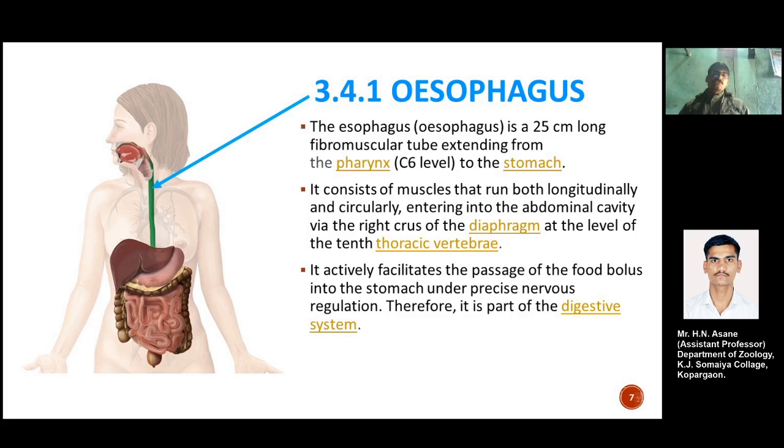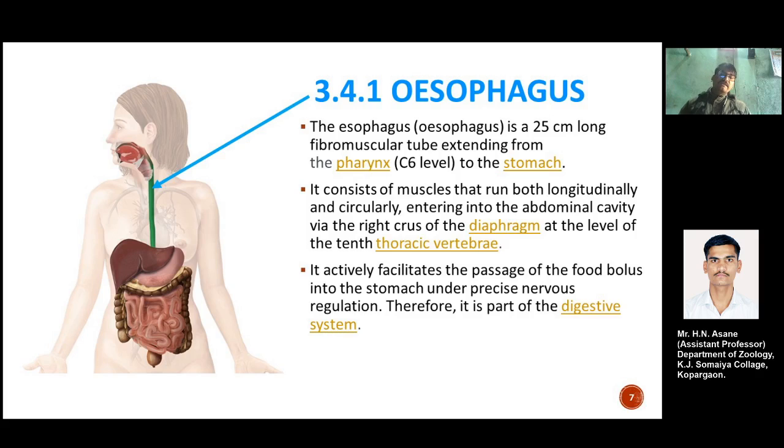As highlighted in green, the long cylindrical tube starts at the lower portion of the buccal cavity and ends in the upper portion of the stomach.